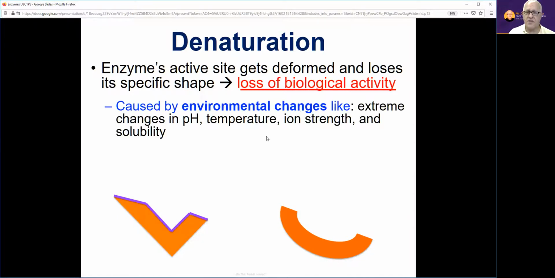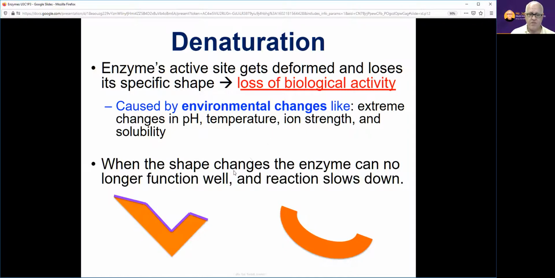And this is caused by environmental changes like extreme changes in pH, a temperature increasing or decreasing, ion strength, and solubility. Now, what happens here is when the shape changes, the enzyme can no longer function well and the reaction slows down.